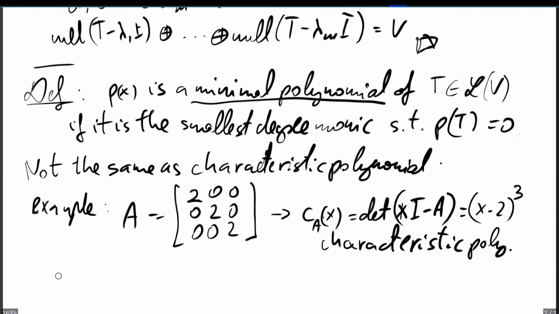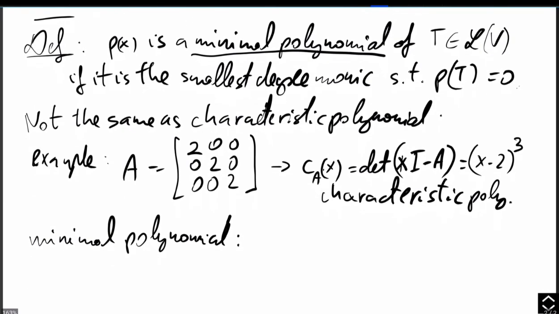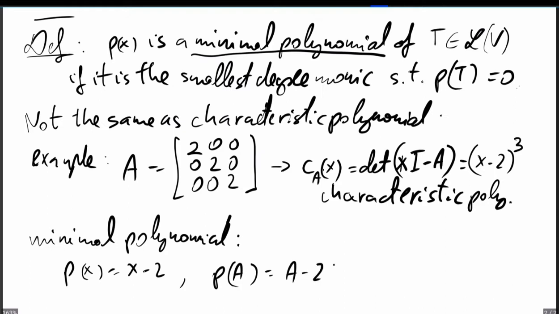But to look at the minimal polynomial, well, right now we don't have a procedure for finding a minimal polynomial, but you can try, for example, that x minus 2 is a minimal polynomial, since if you plug A into it, that's A minus 2I, you get exactly the zero matrix. So this shows that you can get, for example, the minimal polynomial by just considering a factor of the characteristic polynomial. Unfortunately, this is not always true.